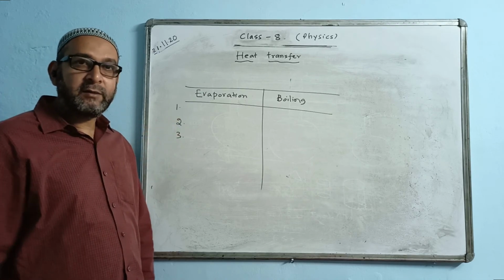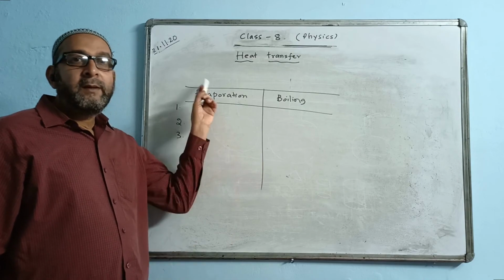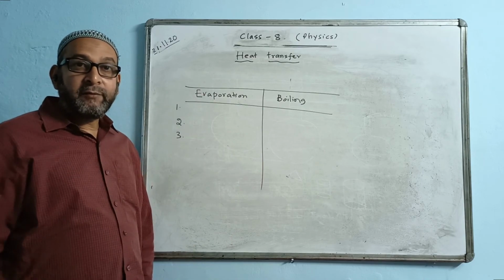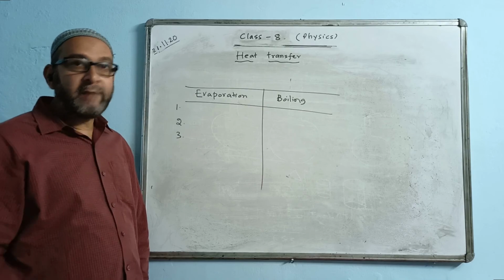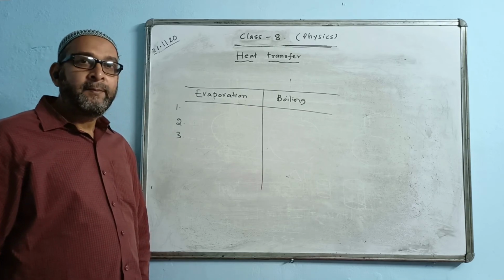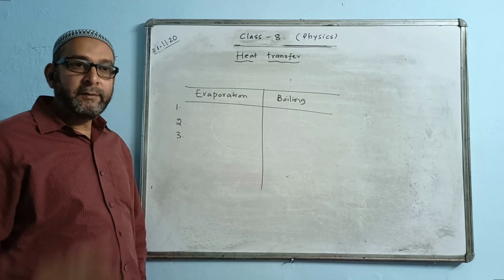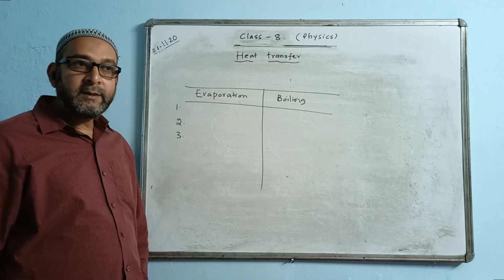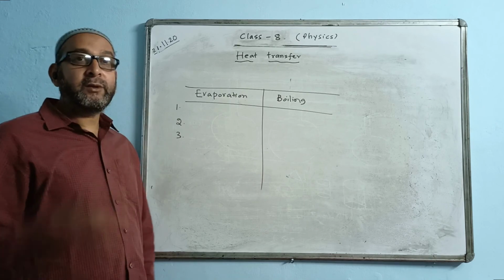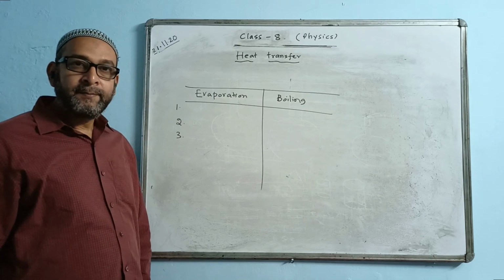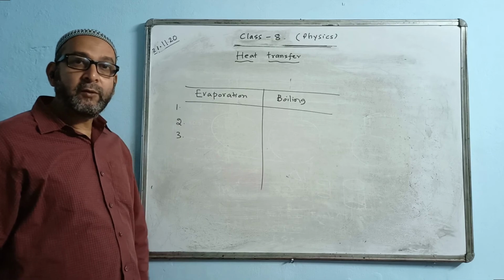It will evaporate faster. It depends upon the temperature of the liquid surface: the more the temperature, the more the evaporation. It depends upon the nature of the liquid. Some liquids by nature evaporate more, some evaporate less.